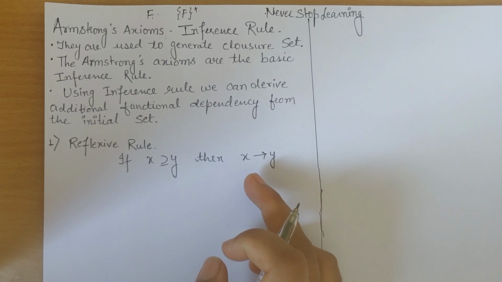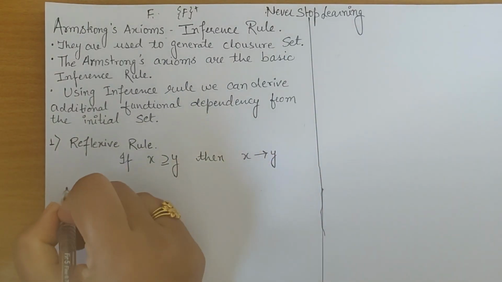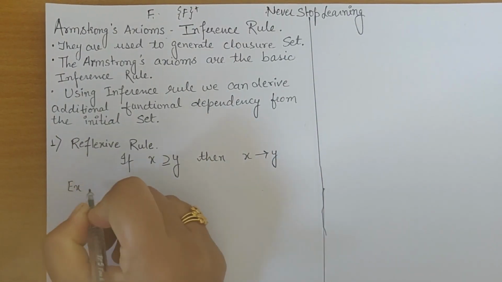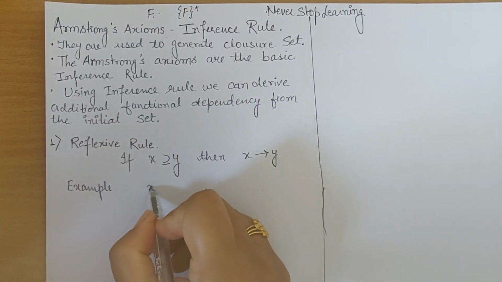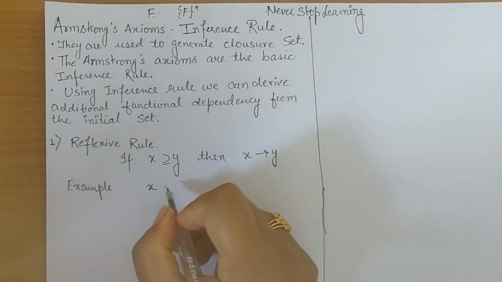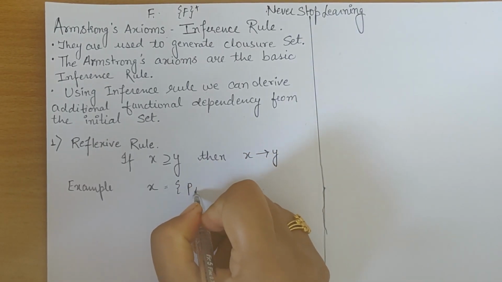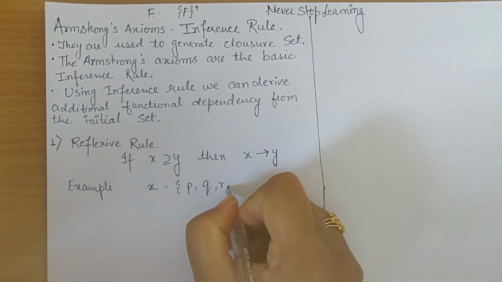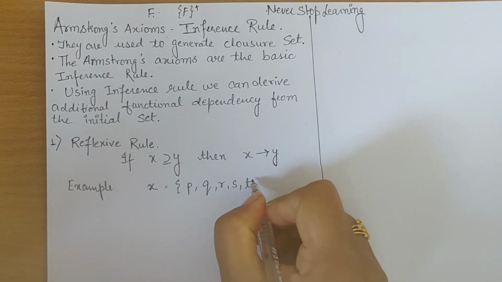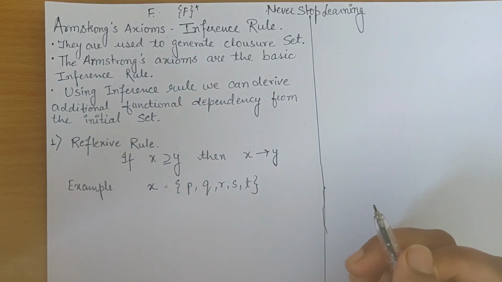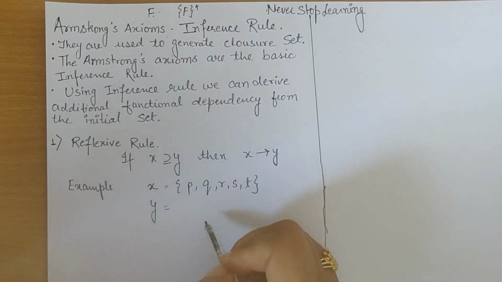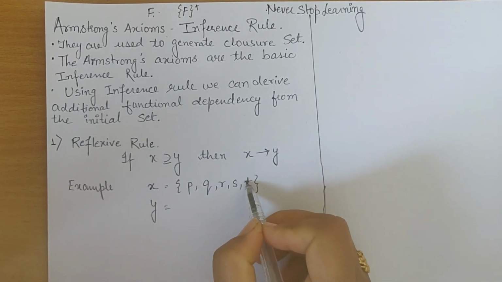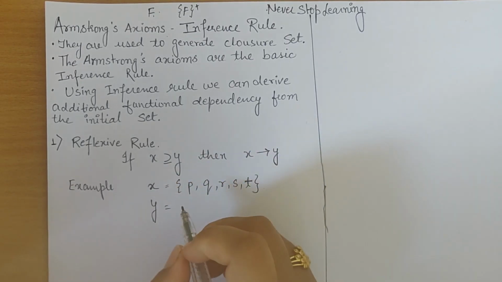Let's understand with the help of an example. Suppose I have 5 values for x, and y is a subset of x, meaning y can take only values which are present in x.